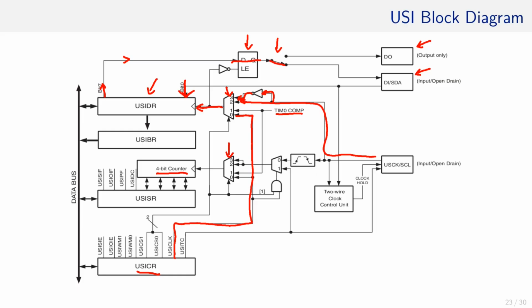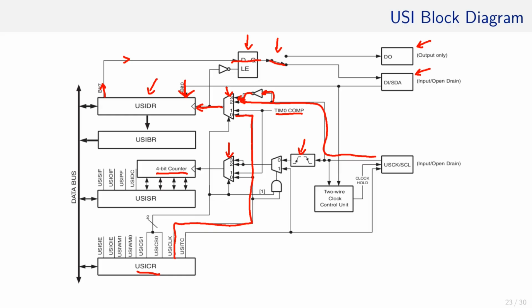This overflow can be used to indicate that the transfer of 1 byte completed. For that, a clock edge detector is integrated between the multiplexer and the pin USCK. Otherwise, the clock signal to the 4-bit counter is the same as the one to the USI DR.